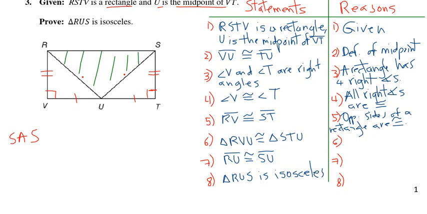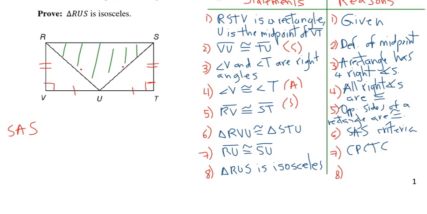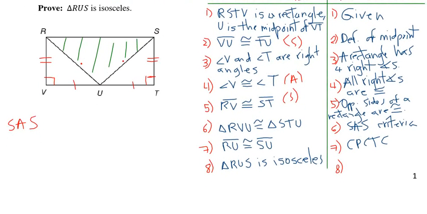And with that, since we have side, angle, side, we can say that the two triangles are congruent by the side, angle, side criteria. And then, since the two triangles are congruent, RU is congruent to SU by CPCTC. And finally, we can conclude that triangle RSU is isosceles.